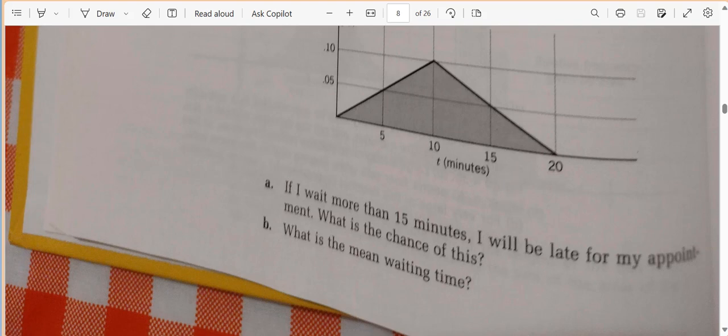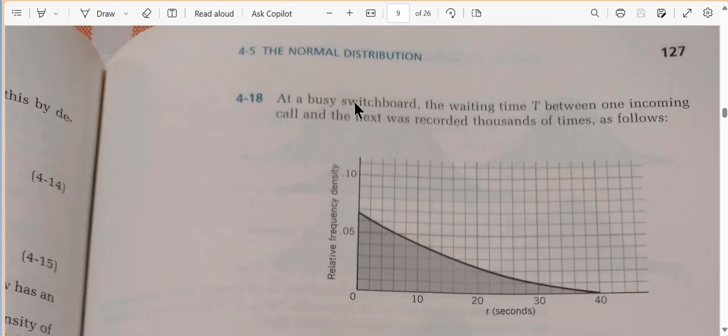Okay, here's another example of a continuous random variable as opposed to a discrete random variable. We talked about the discrete one, which was the number of boys or the number of girls, but then we talked about a continuous one, which is the amount of time that you wait at the bus. And here's another example, also using time, of a continuous random variable.